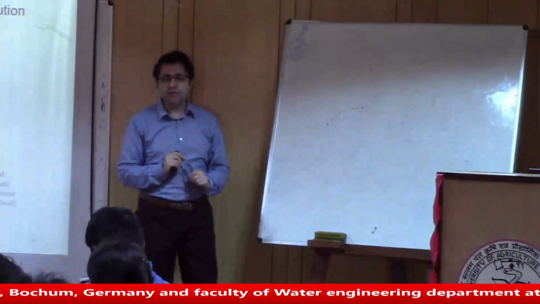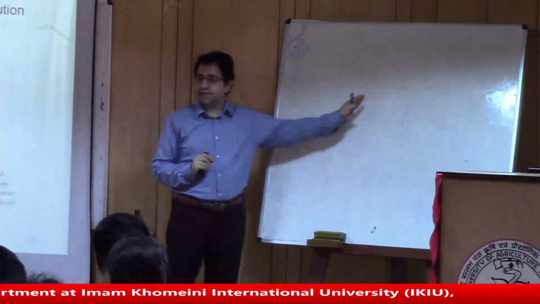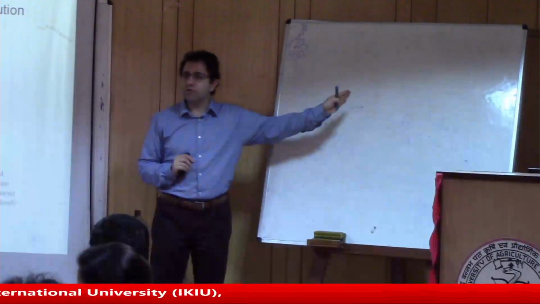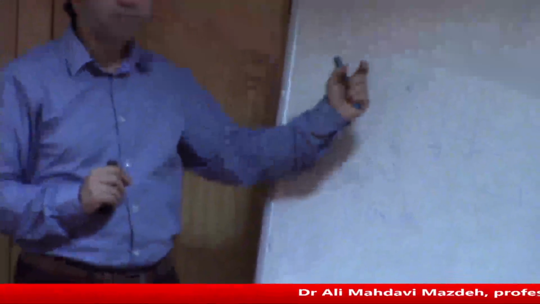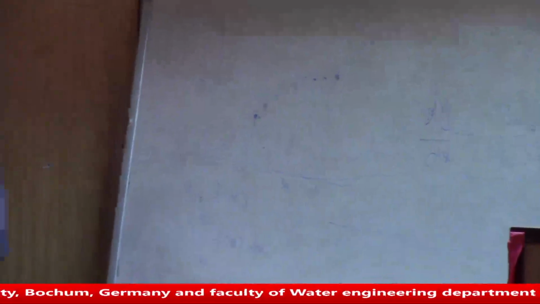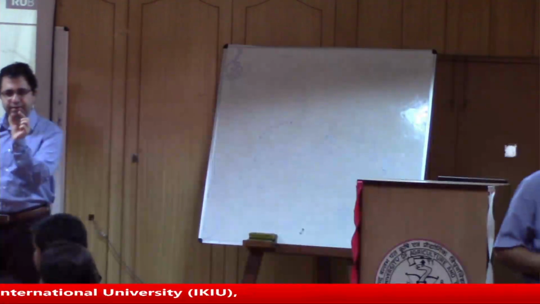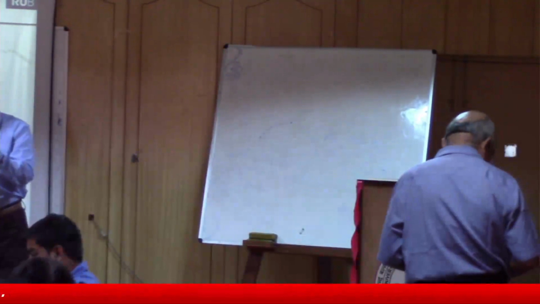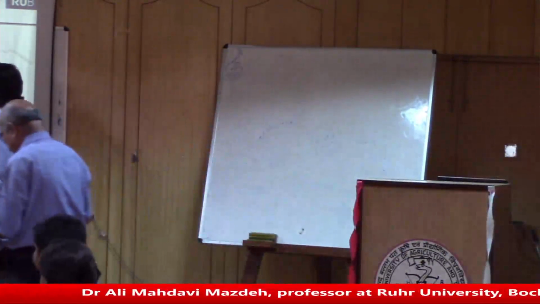But in numerical methods, because we cannot consider this as a continuous medium, we consider it as a separated system. We make some points, 1, 2, 3, 4, and we consider a line as 1,000 dots, for example, or 2,000 dots. If we make a space between each of them, then we have a whole number. I will show you in the next slide, and then we will understand it better.